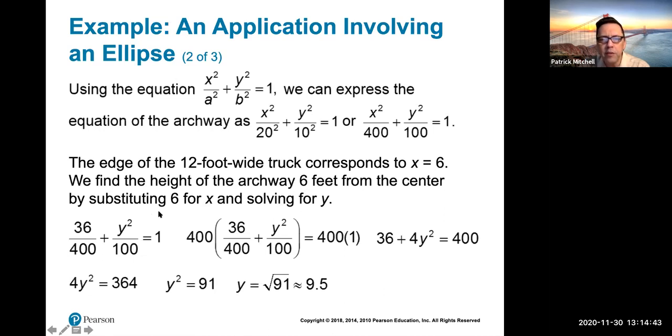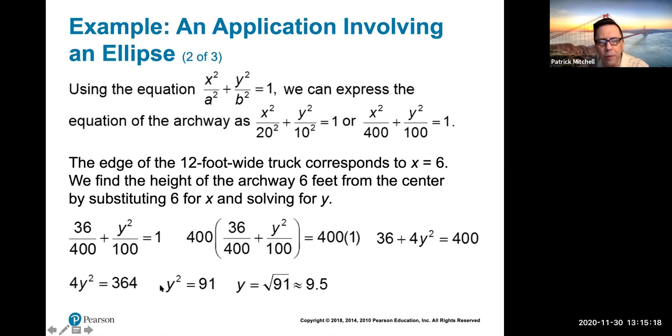So if you substitute 6 for x, you get 36 over 400 plus y squared over 100 equals 1. So we'll multiply both sides of that equation by 400, and that'll give us 36 plus 4y squared equals 400. And now we'll subtract 36 from both sides, which will give us 4y squared equals 364.